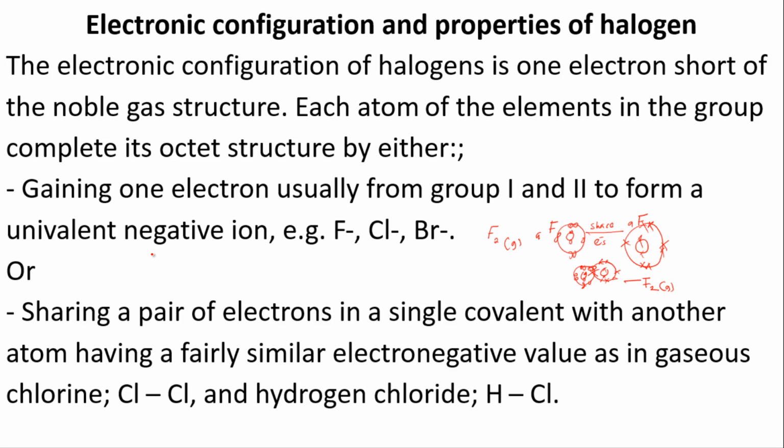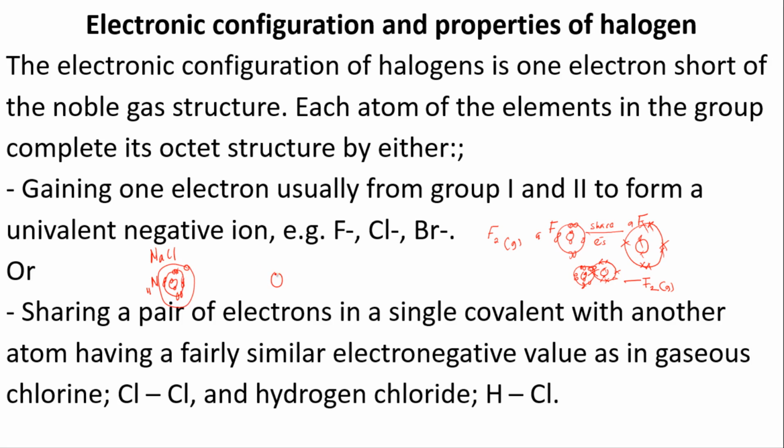In that case, you can have, for example, sodium chloride. Sodium is 11. Then you do the electron sharing. Take 8, then you have 1 more.